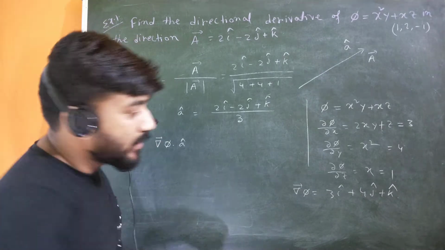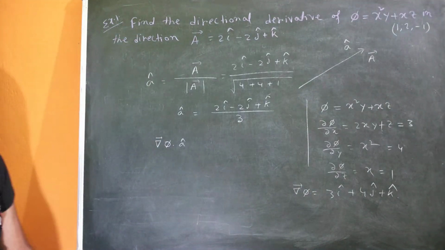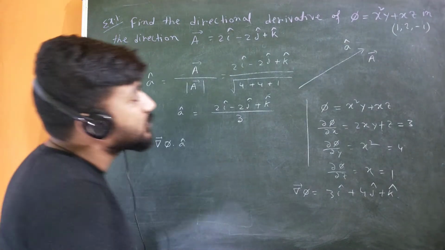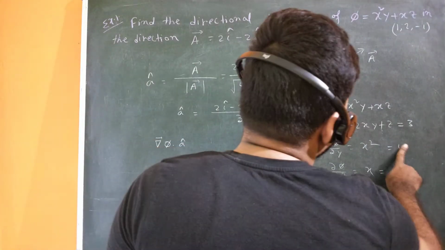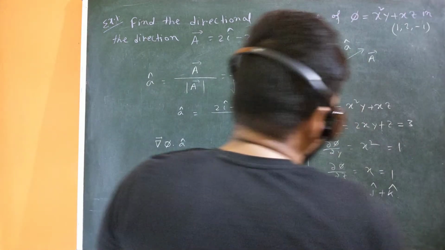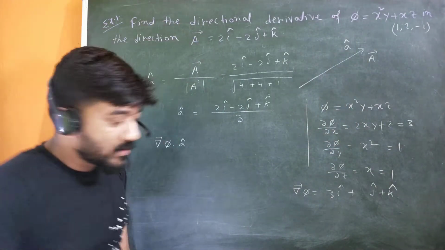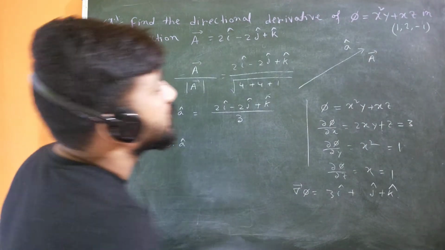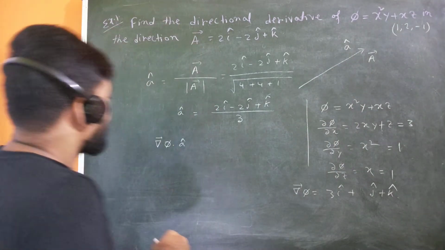Sorry, x is 1 here, so x square is 1, so grad phi will be 3i plus j plus k. Yes, 3i plus j plus k, because the point has x equal to 1.